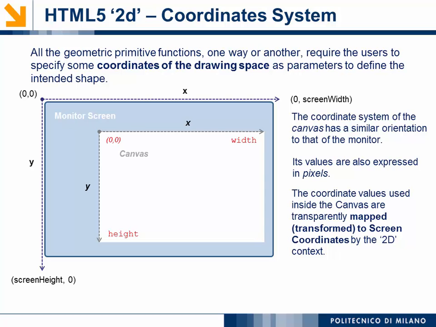Something that is quite useful and quite common: it's really likely that you have to convert local coordinates inside your canvas, be it 2D or 3D, to screen coordinates. So, for example, a point at the center of a canvas, like the blue point that you see, has different coordinates considering the two different drawing spaces.